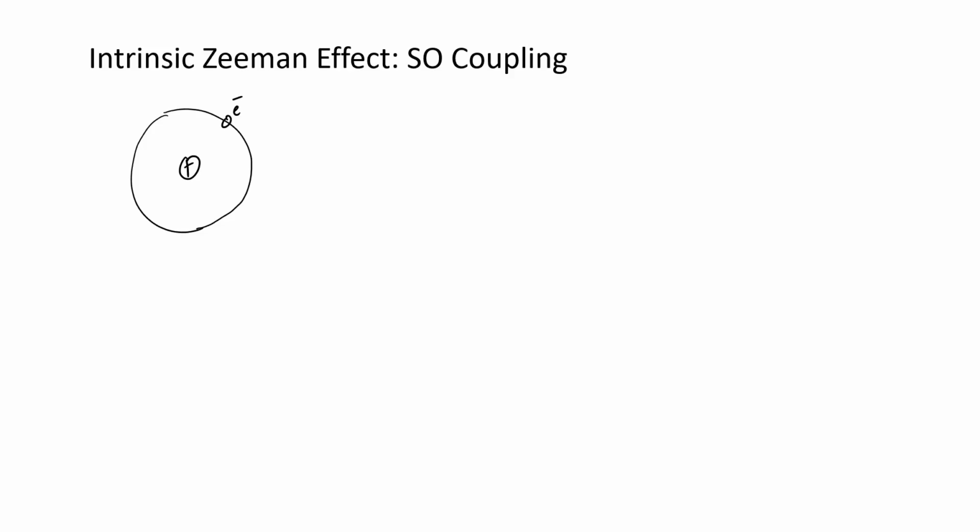Now, if you think that in the rest frame of the electron, the proton is actually moving in an orbit, okay, and think that the proton is actually moving in a rectilinear path, then at the position of the electron, where the electron is situated, there will be a magnetic field present there. So, we are now looking at the rest frame of the electron.